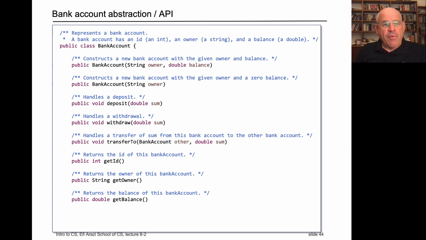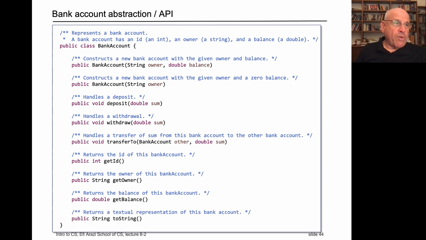And then we have some getters, get the ID of this bank account, get the owner, get the balance, and finally we have a toString method. In a typical bank account class, I may have dozens of such methods, but these methods are sufficiently good for generalizing to many more similar methods.